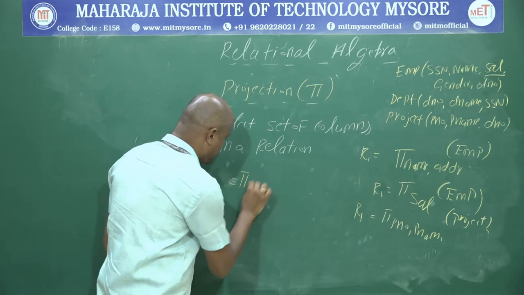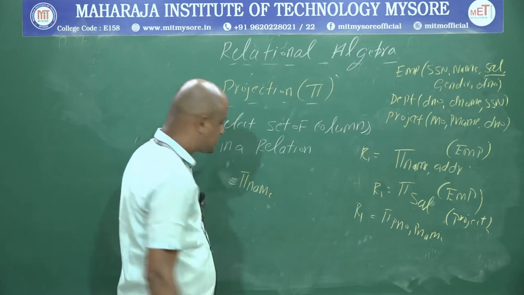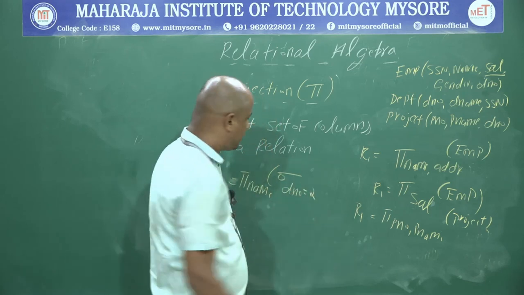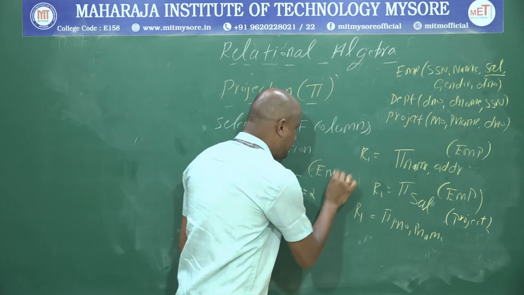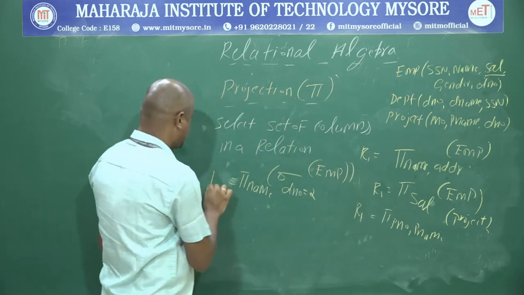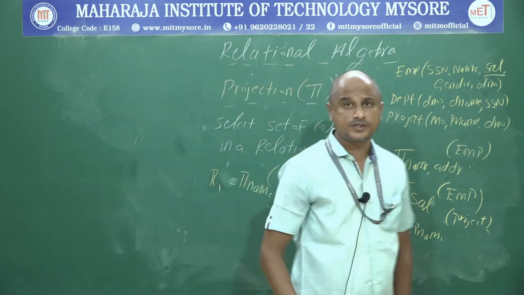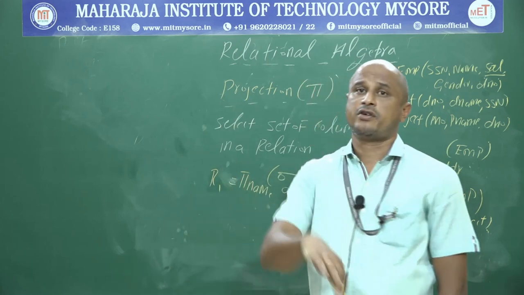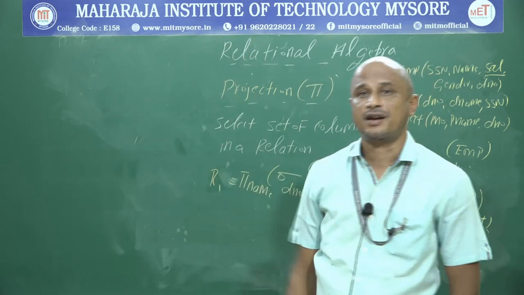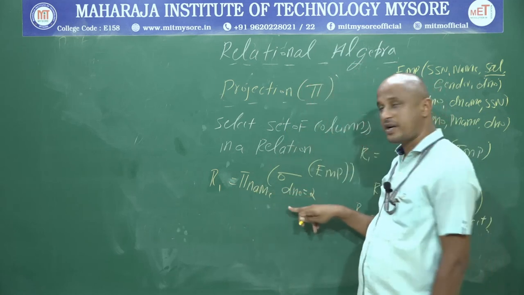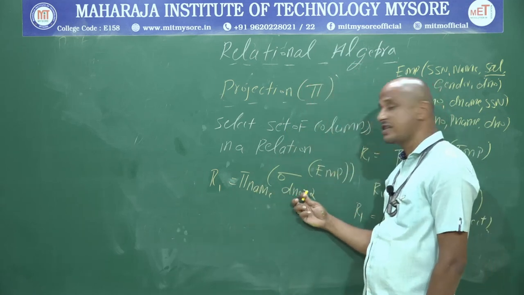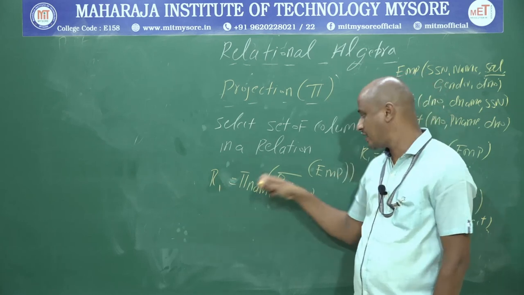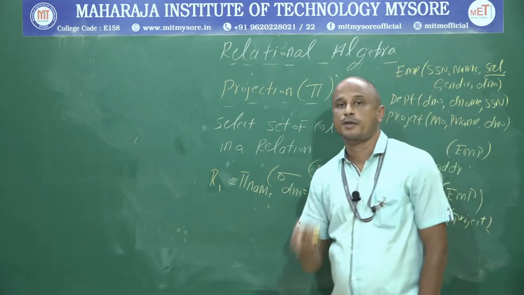The question is very simple. R1 gives the combination of selection and projection: put a condition, retrieve columns from a relation, and give them to another relation. So I am retrieving the name of those who work for department number 2, with the condition specified, from a table called employee, given in a relation R1. So R1 contains the names of all the employees who work for department number 2.